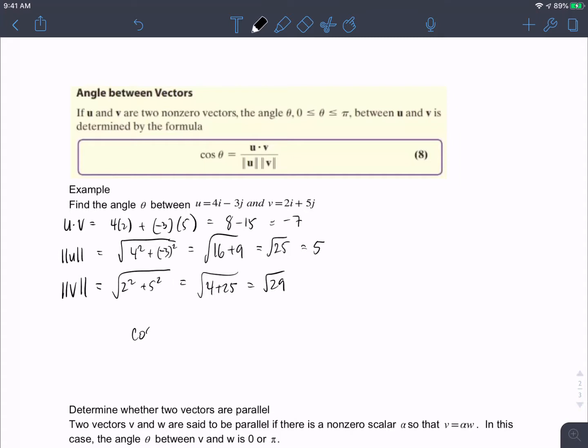And so when we put this together, we get cosine of theta is equal to negative 7 over 5 square root of 29, which is approximately negative 0.26. That's going to give us a theta of cosine inverse of negative 0.26, which is approximately 105 degrees.